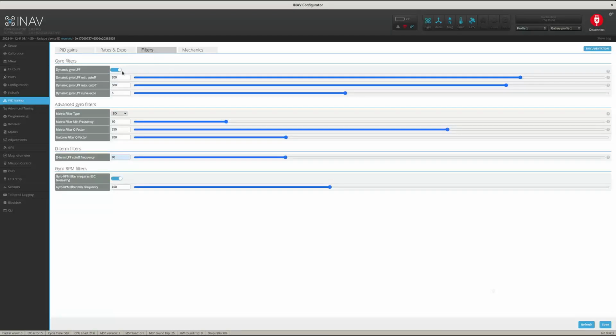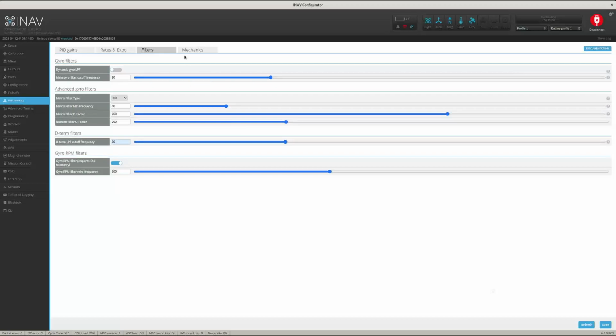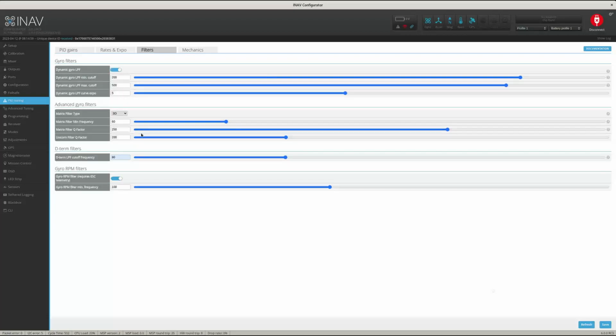And I came across this page, okay, and I was like, okay, dynamic gyro LPF, what's this again? LPF, I forgot. Low pass filter. And I remember seeing this in Betaflight, and I think it helps. So what I did yesterday is enabled it.